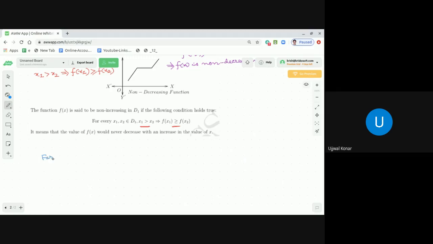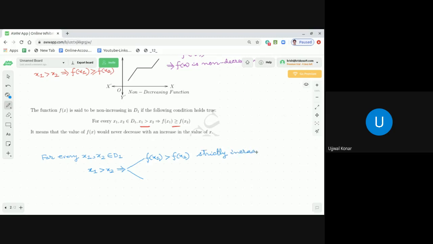For every x1, x2 belonging to D1, if x1 greater than x2 implies that f(x1) is greater than f(x2), then sometimes it is also known as a strictly increasing function. Why is it so? Let me explain.